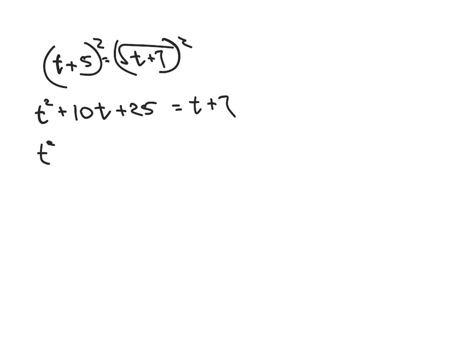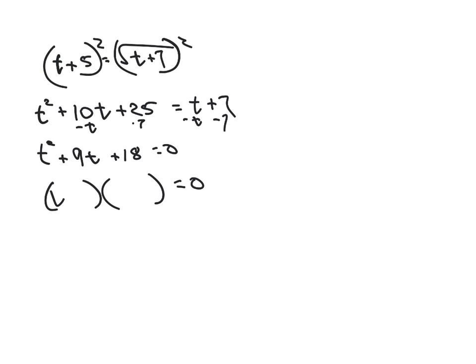So I'm going to subtract t from both sides. And that gives me a plus 9t. Subtract 7. And I get a plus 18 equals 0. Make my handy dandy little parentheses here. And I've got a t there, plus a plus, and a 6, and a 3.